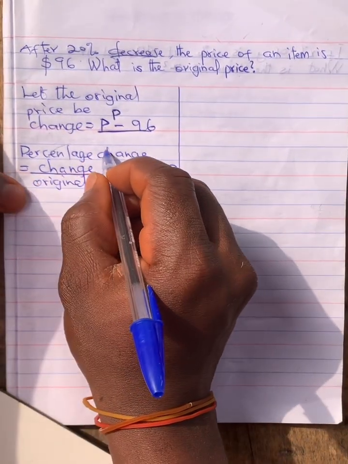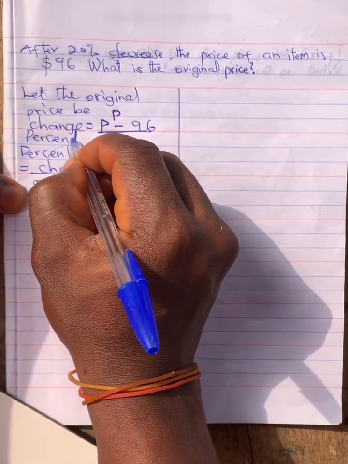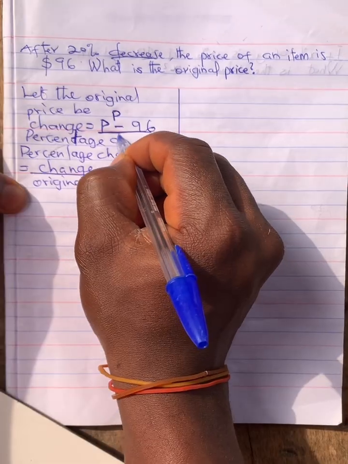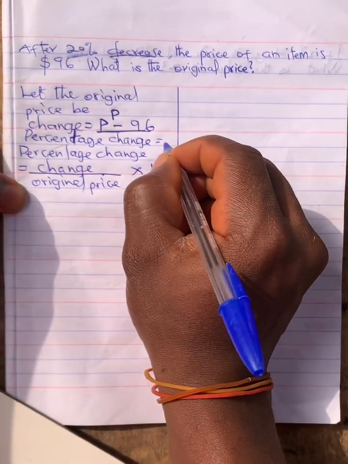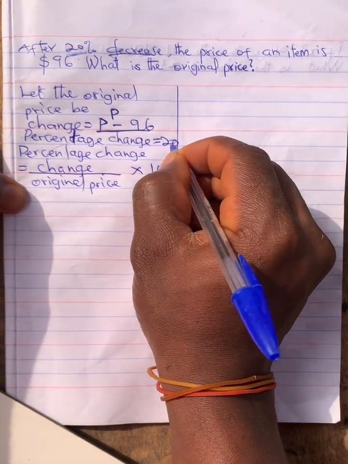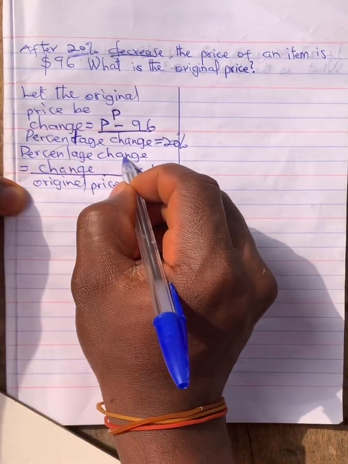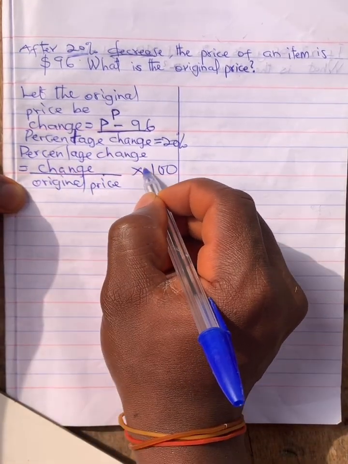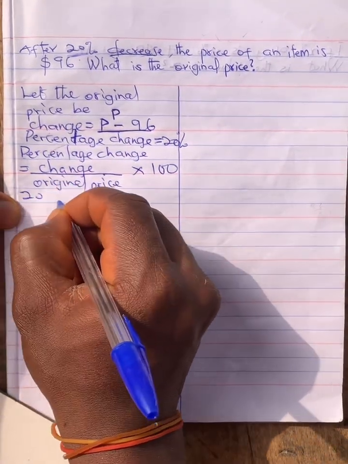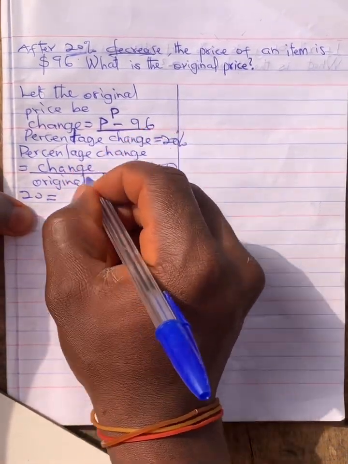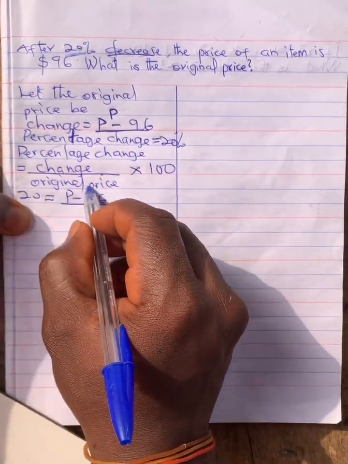So the percentage change is 20%. So the percentage change is 20 equals the change, which is P minus 96, out of the original price.